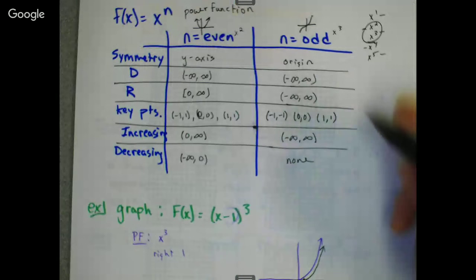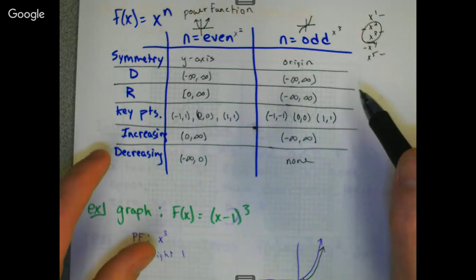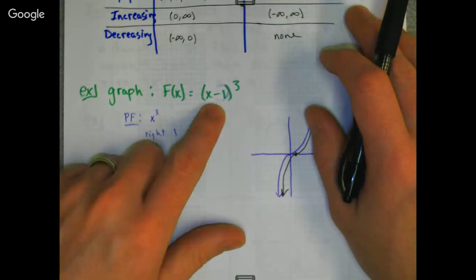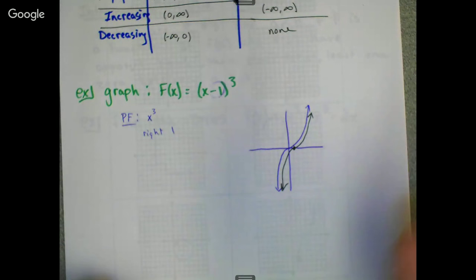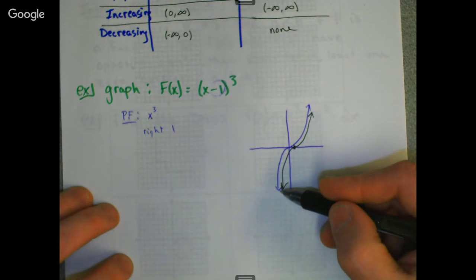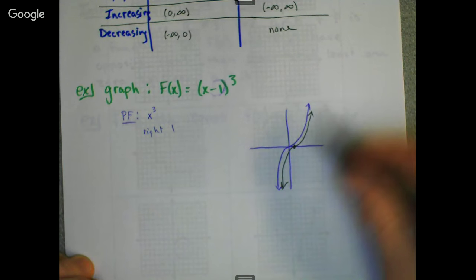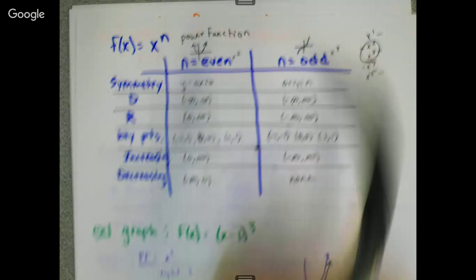Now, these key points up here and these domains and ranges were only for the parent functions. So when I do something like this, move it right, the domain and range of that would also change. Okay, domain is still all reals on the x, all reals on the y, and I'm always increasing. But for here, if I have something like this, that will change.